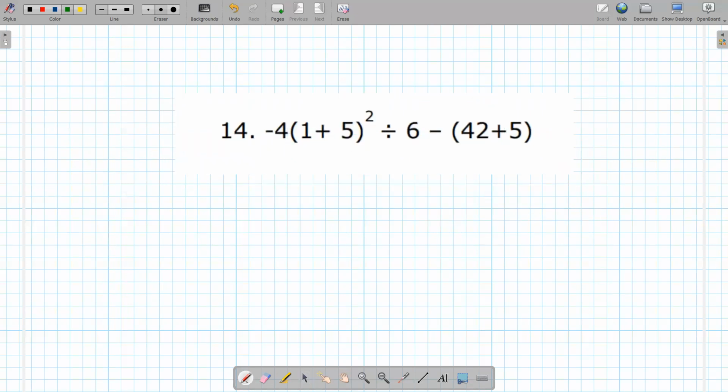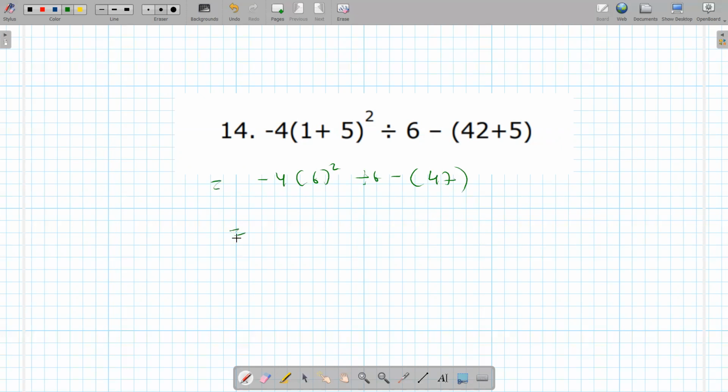Here, what do we do? 1 plus 5, so 6. Yes, so -4 times 6 squared divided by 6 minus. Can also do this, I guess. Okay, there we go.